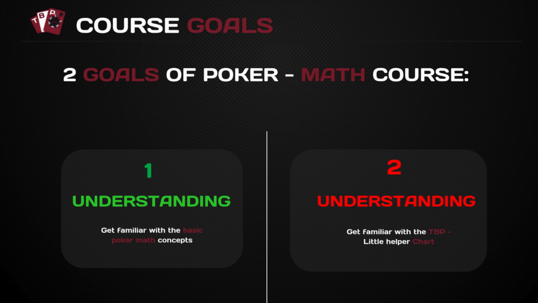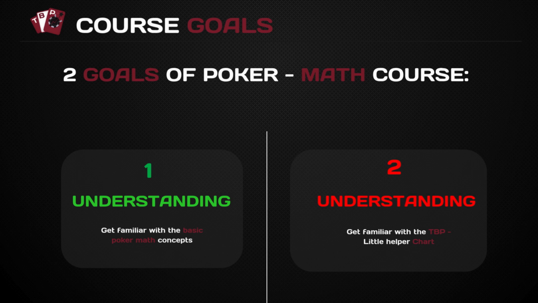On this slide, we see the two main goals of this poker math course. The first one, in green on the left side, is to get familiar with some of the basic poker math concepts. Which concepts this will be in detail, I will show you in a second. The second goal, in red on the right side, is to get familiar with the chart.